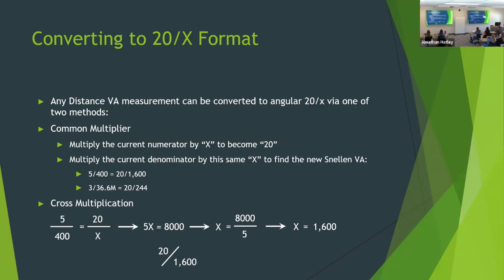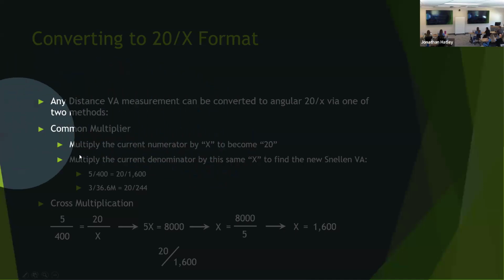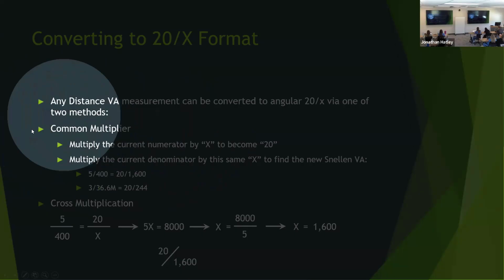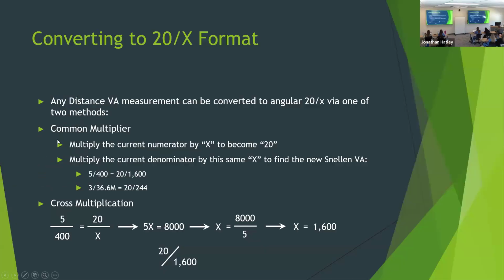So if you want to convert some of these M acuities to a Snellen or that 20/X format, there's a couple of ways that you can do that. One of the ways that we talk about, and I typically go over this in lab, is something called the common multiplier. I recognize that this is not a true mathematical word, but it's useful here because what we do is we take the numerator and figure out what we need to multiply it by to become 20.